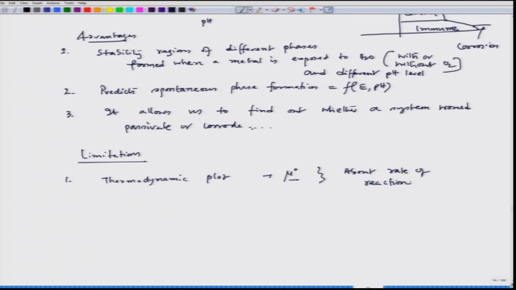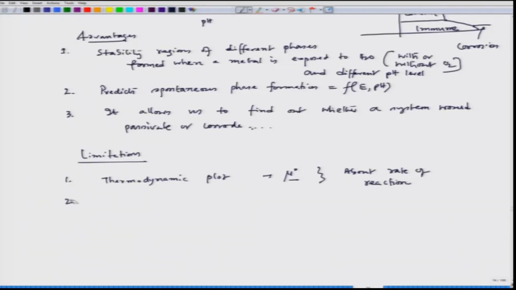So, now we will not be able to tell what the corrosion rate could be if I am in the corrosion zone. The corrosion zone can tell me that yes, there will be corrosion, but we will not be able to tell the rate at which the corrosion is taking place. And many times the rate becomes crucial even if there is spontaneity. So, we have spontaneity because it is in the corrosion zone, but the rate may be very slow. So, we might say that the corrosion is very low.